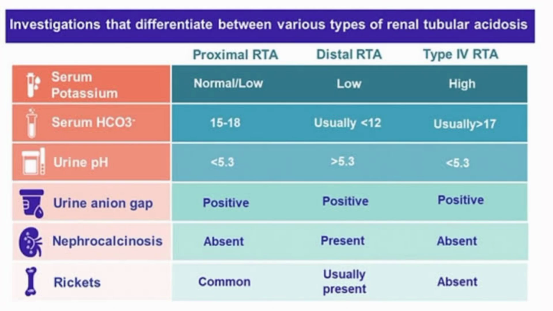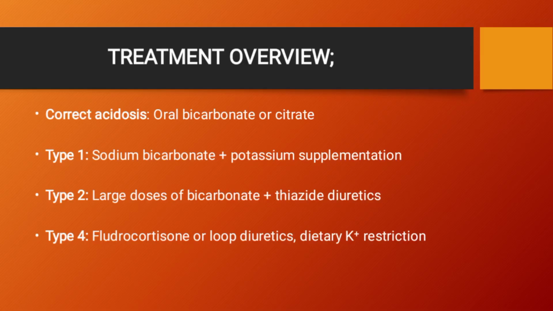And you can also see urinary anion gap is positive in all three types. Nephrocalcinosis is only present in distal renal tubular acidosis, and rickets is common in proximal renal tubular acidosis and usually present in distal renal tubular acidosis and absent in type 4.